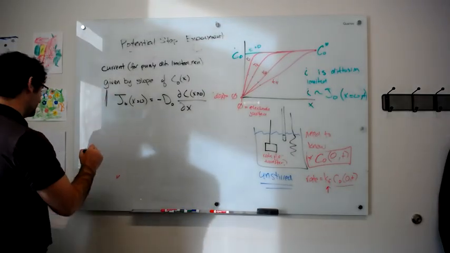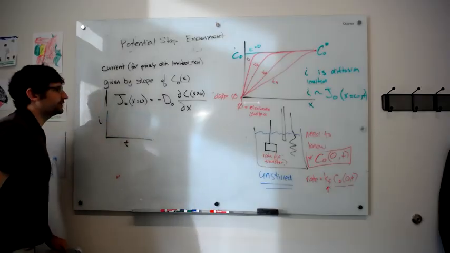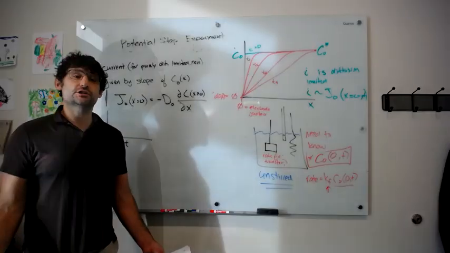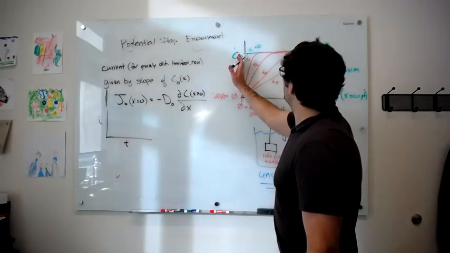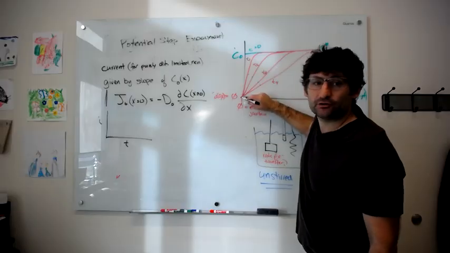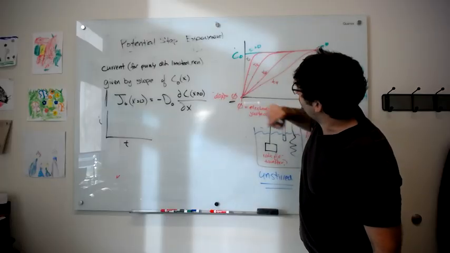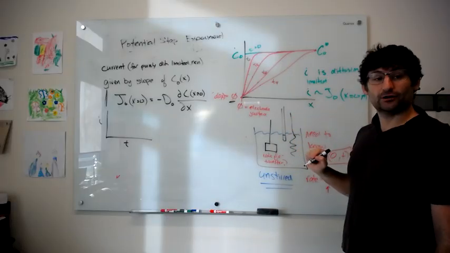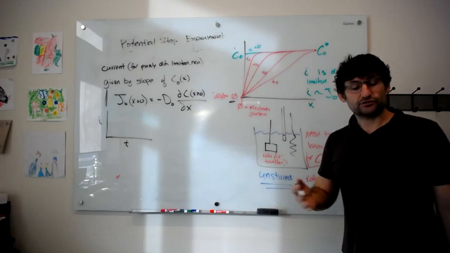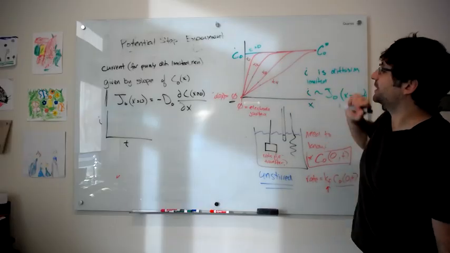So what's going to happen as a function of time? If I plot the current from this system as a function of time, when's the current the largest? Well, at time equals 0, what is the slope going to look like? Imagine I immediately set the surface potential of the electrode such that the surface concentration of O is 0. All the O that is there is immediately reduced to R. Well, I'm going to have essentially a step function in concentration.